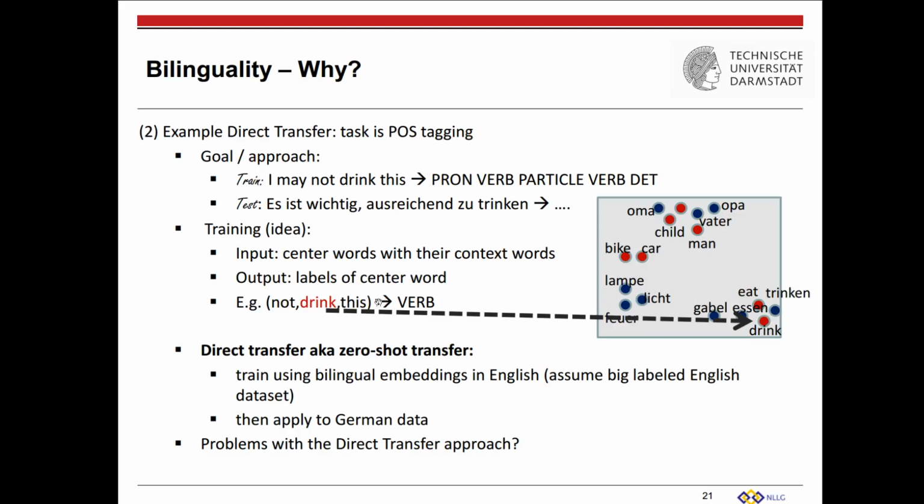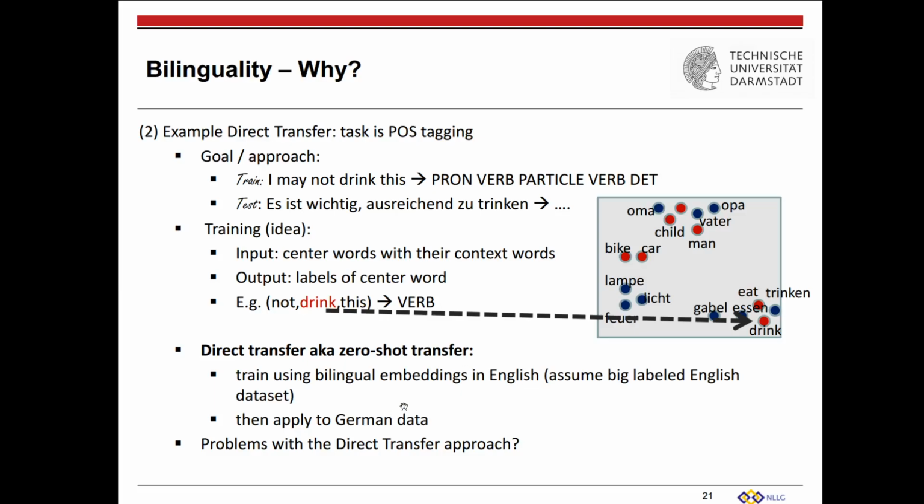So if afterwards the German word trinken comes in, then trinken has a vector representation that, as you see illustrated in the graphic, is quite close to the English vector representation of the word drink. Okay, so that's a better motivation of bilingual vector spaces.